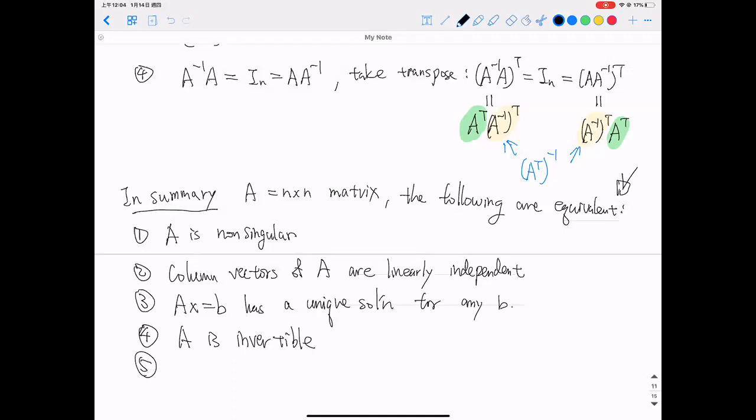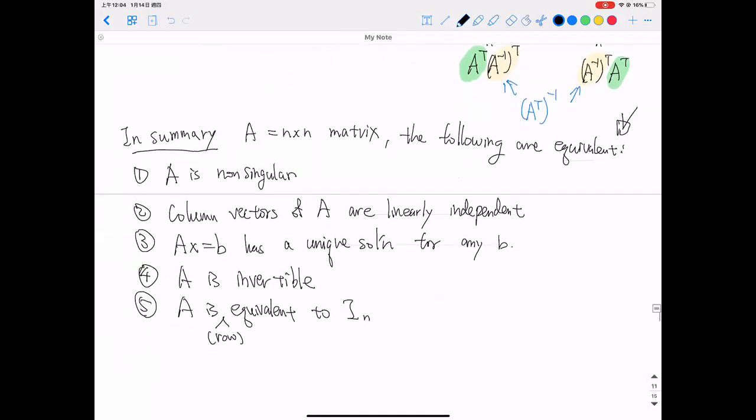Five, A is equivalent to I_n. I should say row equivalent. This notion here means that A can be transformed to the identity matrix by row operations.